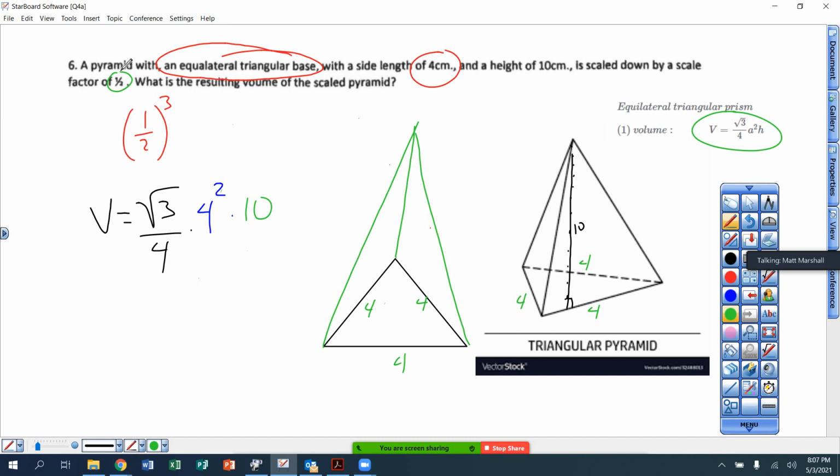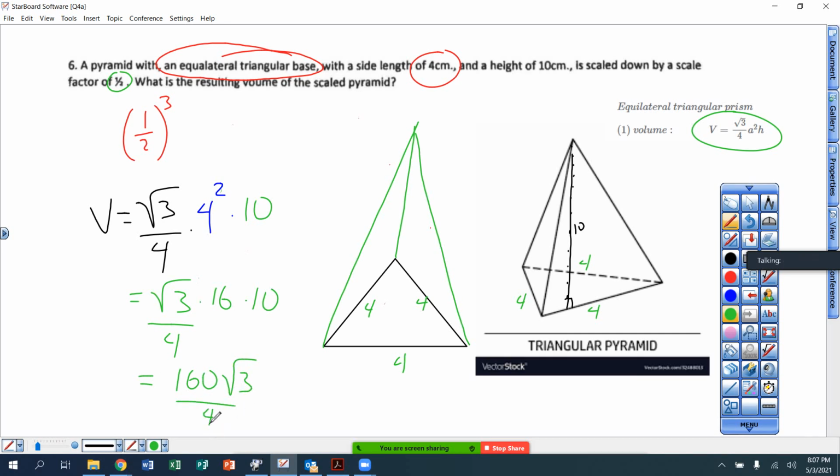So it's kind of a tough problem because you got to get a number and then you got to times it by 1/2 to the 3rd power. Fortunately, I'll just do it here. So it's square root of 3 times 16 times 10, and that first part's over 4. So that looks like 160 times the square root of 3 over 4.